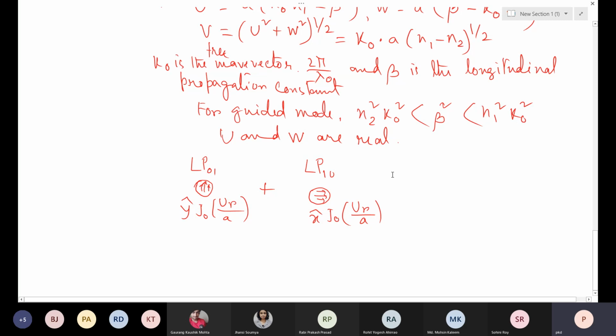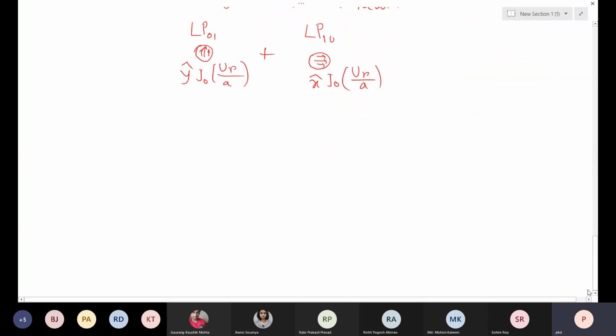Now, as the diameter increases, physically the light can take many zigzag paths. Therefore, there will be constructive and destructive interference at the output.